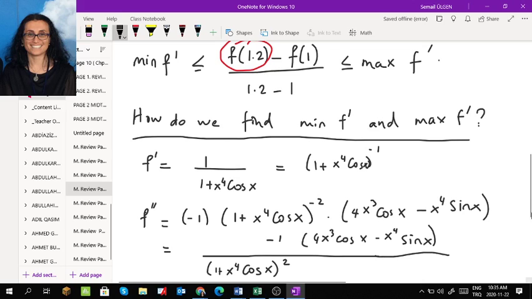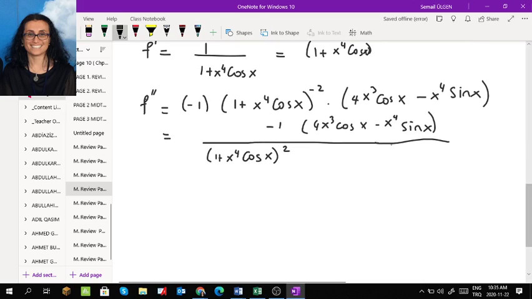When you look at this expression, how am I going to compare cosine x and sine x? Is this positive or negative between 1 and 1.2? I'm interested in whether f double prime is negative on 1 to 1.2. I can take a point, try 1.